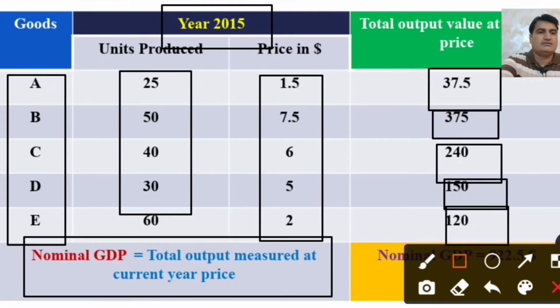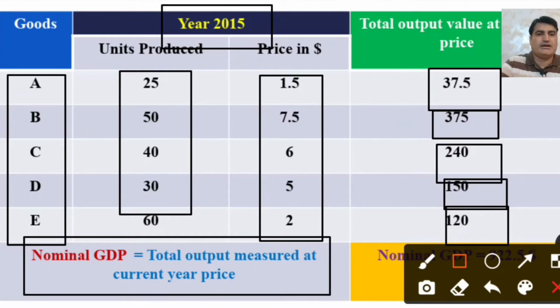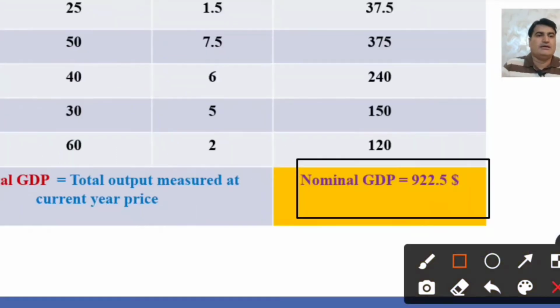If we sum up these values, that becomes the nominal GDP. It means nominal GDP is the total output measured at current year price. The sum of the total output is $922.5. So this is the nominal GDP for the year 2015.